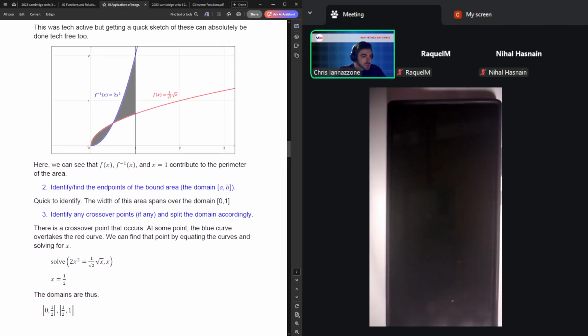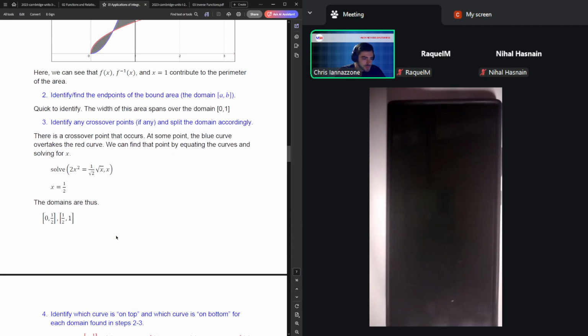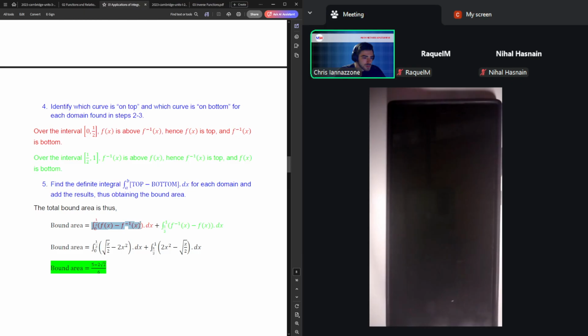Identifying the crossover point is important because now essentially we're going to split up our domain in 2 parts. We've got this 0 to a half bit, and this half to 1 bit. From 0 to a half, red is on top of blue. Okay, I've done the color coding a bit weirdly.